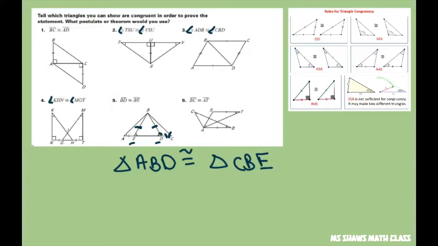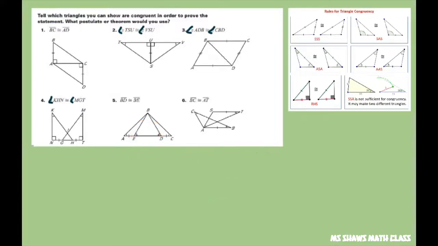So these two would be congruent. So it's angle, side, angle. And I know that because, since these two sides are congruent, and these are supplementary, we have another angle here. Okay.